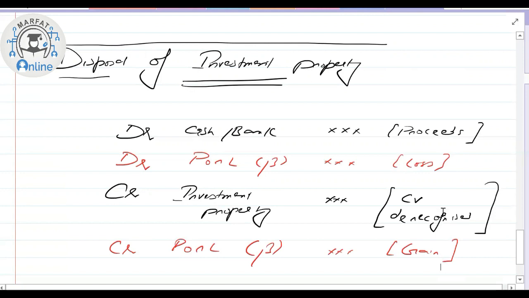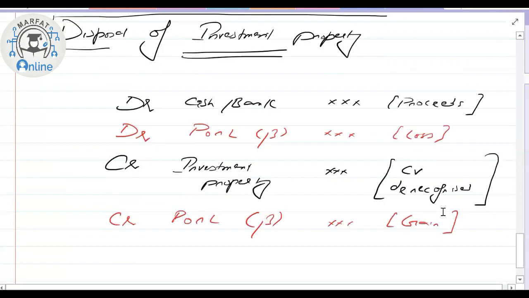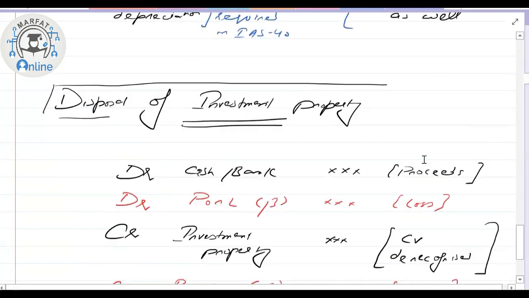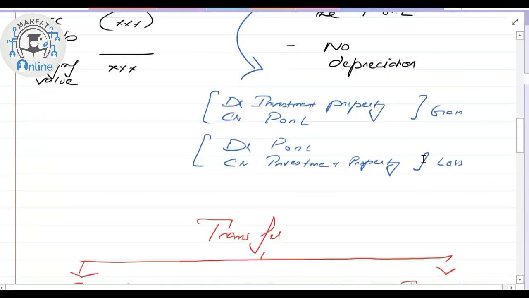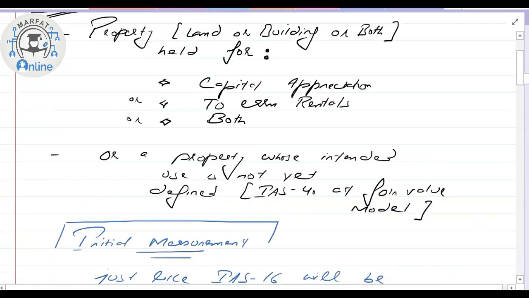So disposal of the property, plant and equipment: you derecognize it, you record the proceeds and the relevant gain or loss in the profit or loss. So this is IAS-40, and you know it is quite similar to IAS-16 in many regards.